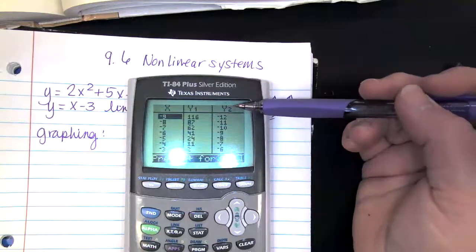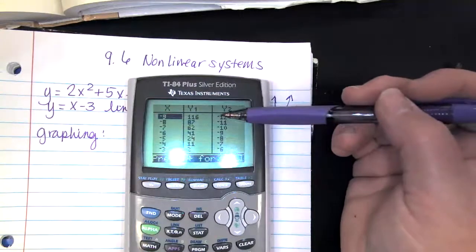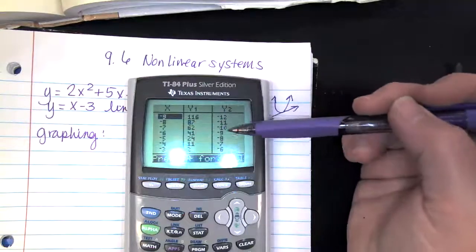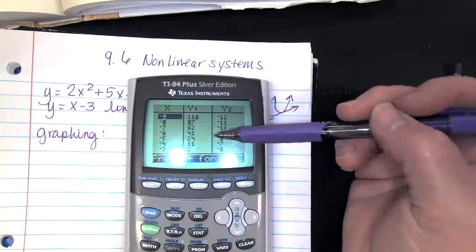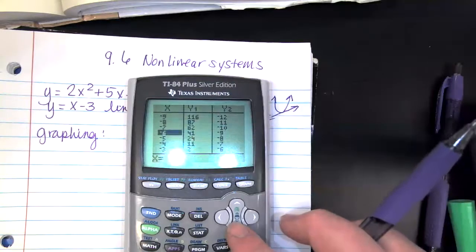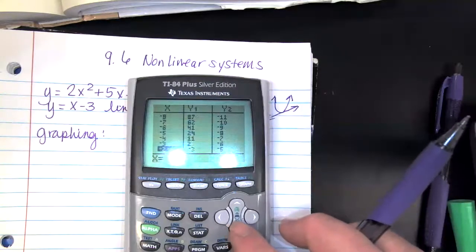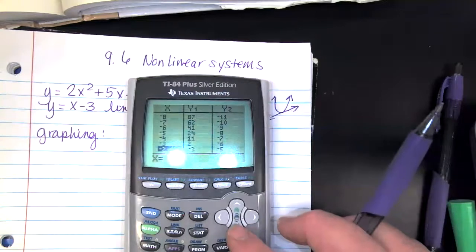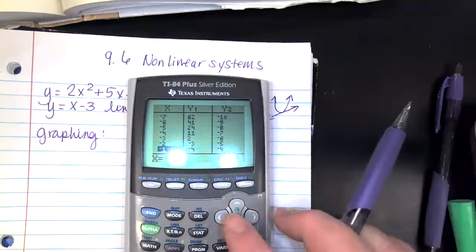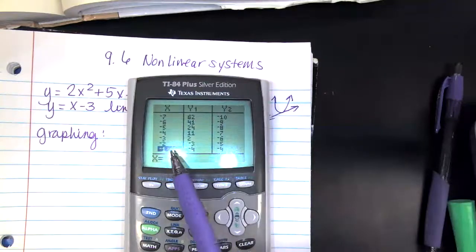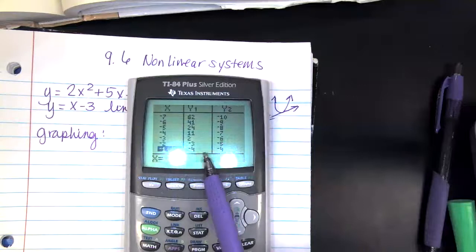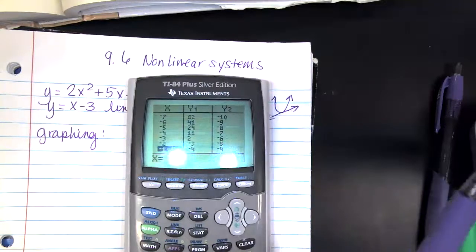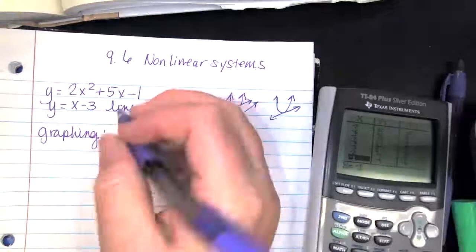We want to see where the two y values are the same: same x value, both y values. Remember, my guess was -1, -4. Oh, yes, look at that. Do you see it? -1, -4, -4. That's our point of intersection. Awesome.